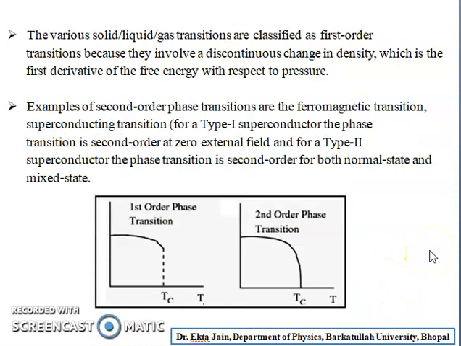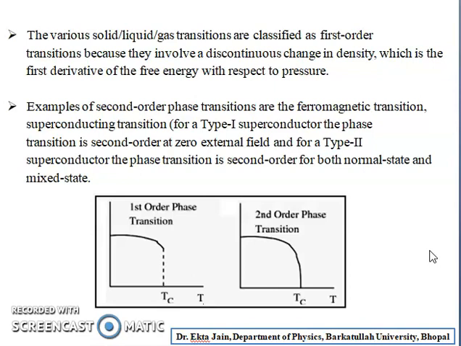Now, the various solid, liquid, gas transitions are classified as first order transitions because they involve a discontinuous change in density, which is the first derivative of free energy with respect to pressure.